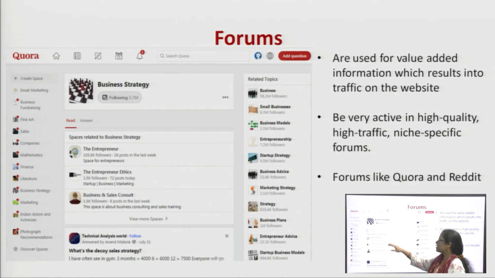We have various domains within Quora, such as fine arts, sales, companies, mathematics. Any person can write, ask queries, and share their experiences related to these topics on these forums, and if a particular website gives any such platform, then that will improve knowledge sharing, and obviously would be preferred by the visitors.